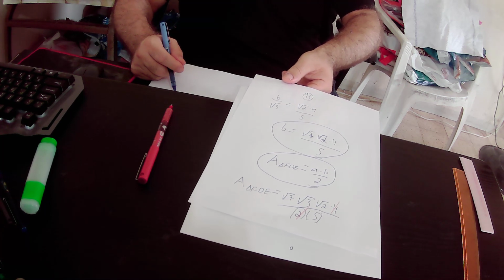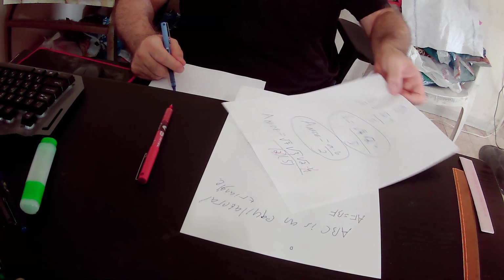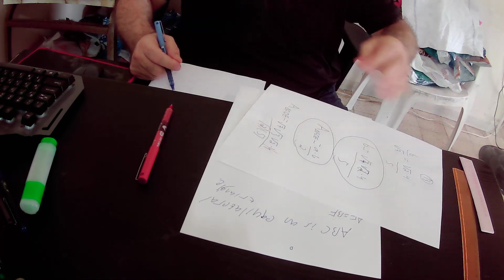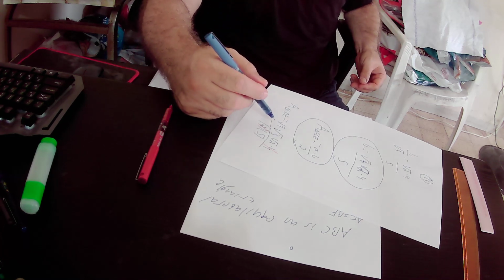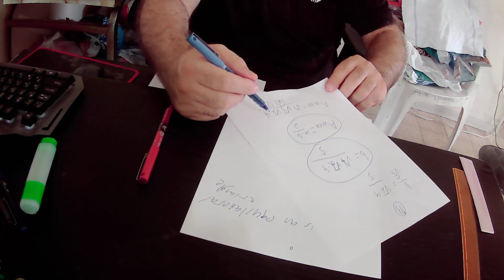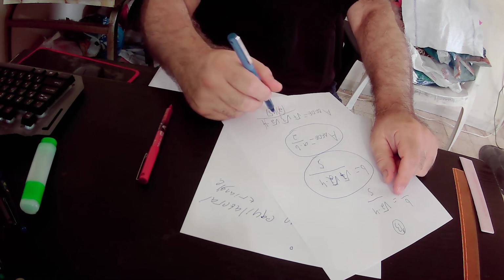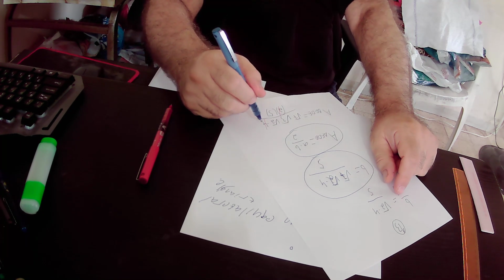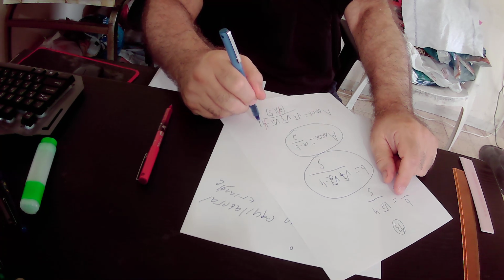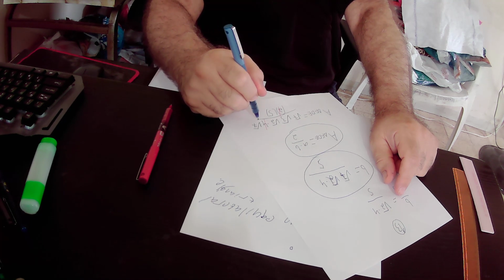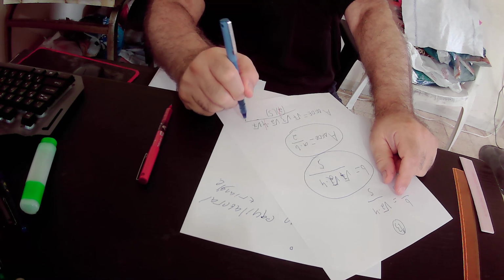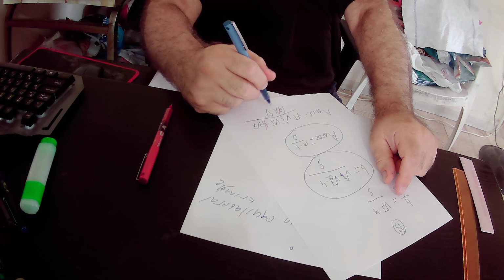So here A is root of 7 times root of 7 times 4 over 5 and 2.